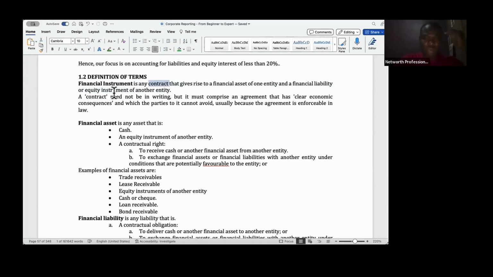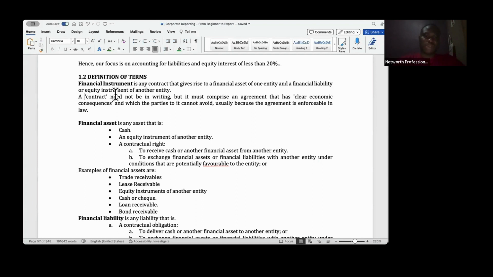When we talk about a contract, it is just an agreement between two parties. And this agreement doesn't necessarily have to be in writing. It could be an understanding.